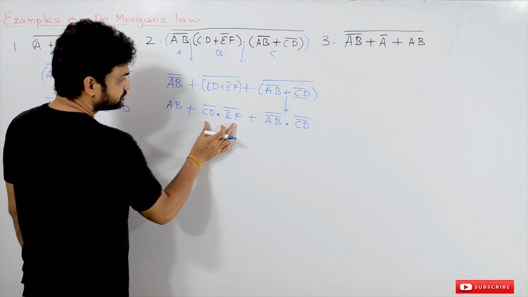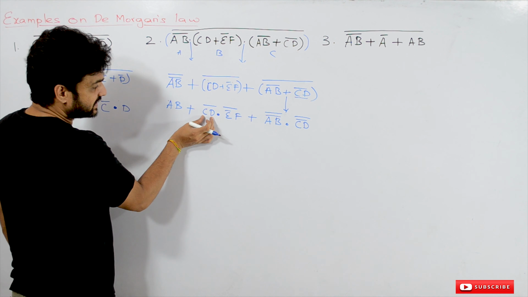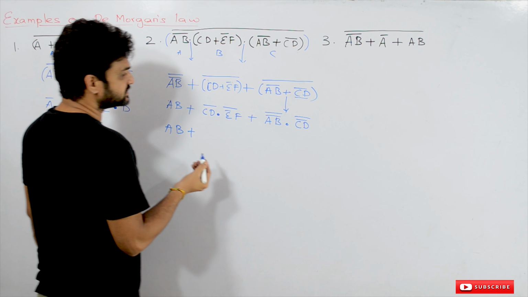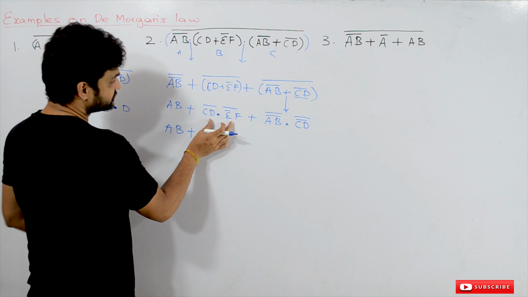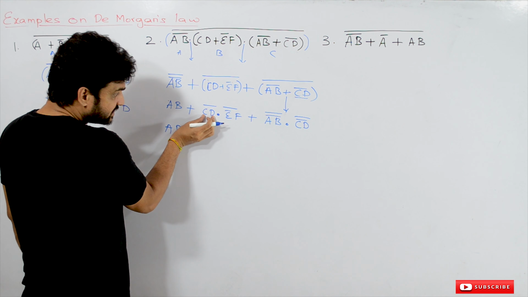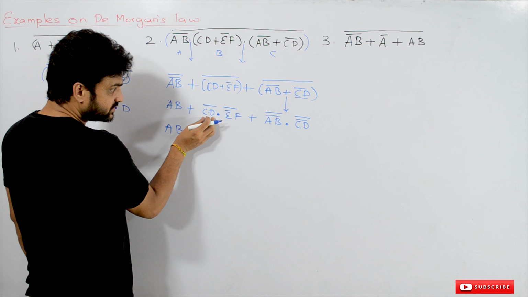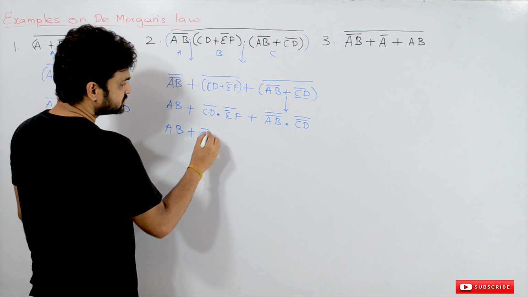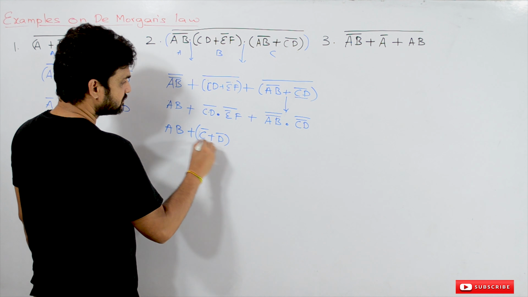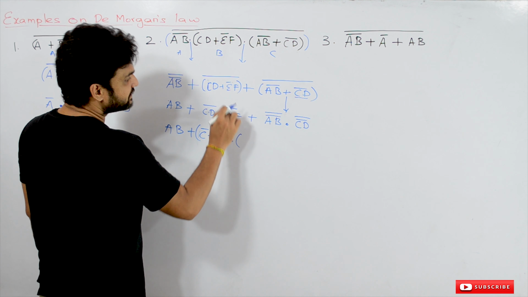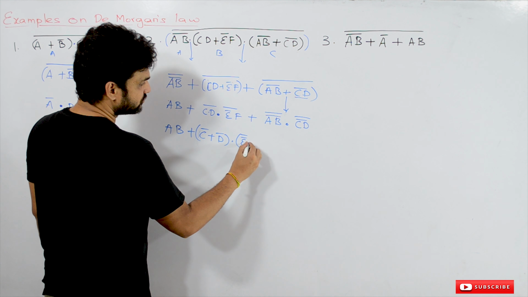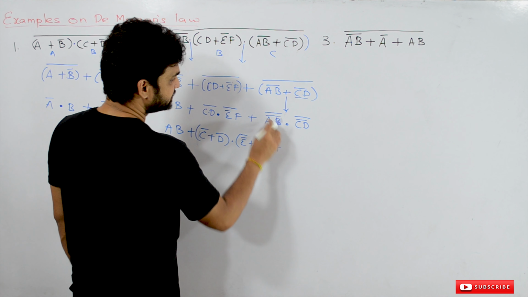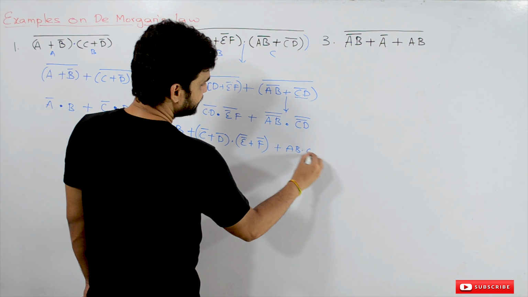Okay, now you take this simple part. This part can also be complemented and this is going to be AB plus, and this part can be considered as (C dot D) whole complement. Again it can be converted into (C bar plus D bar) dot (E bar) whole bar plus F bar, and next this part is going to be AB dot CD.